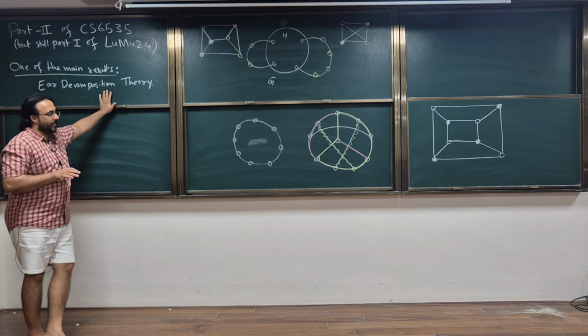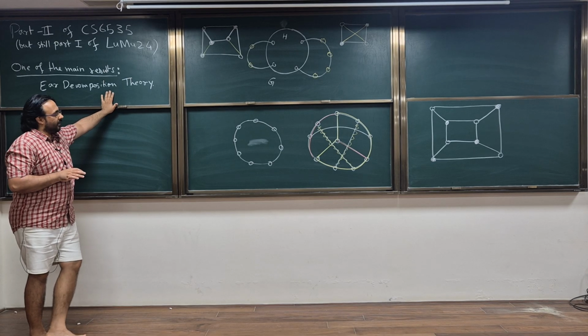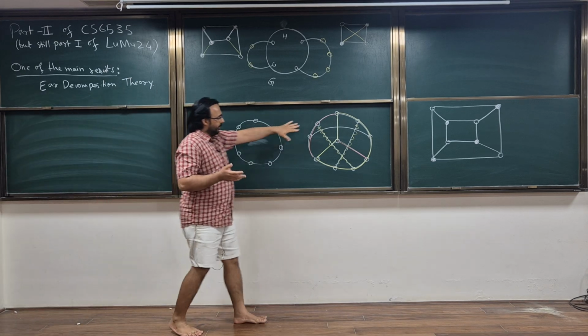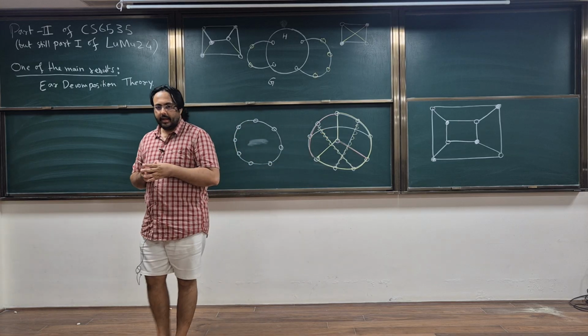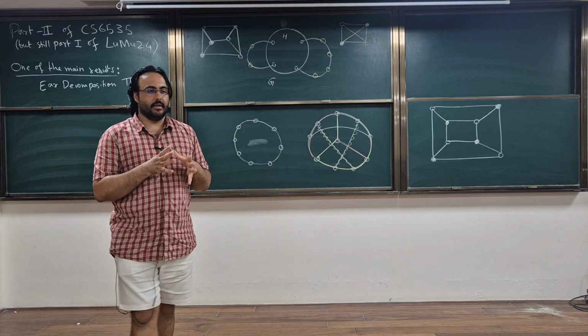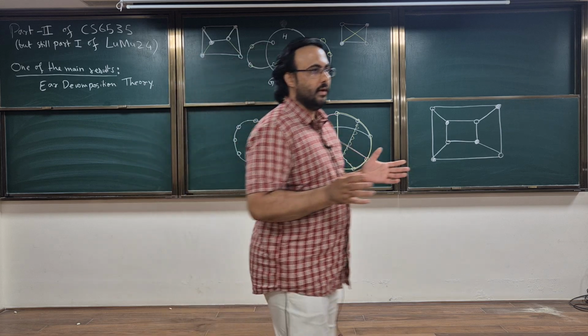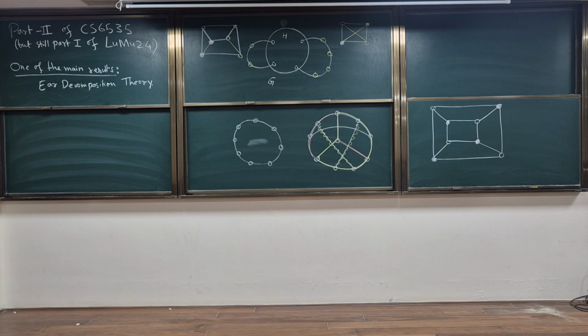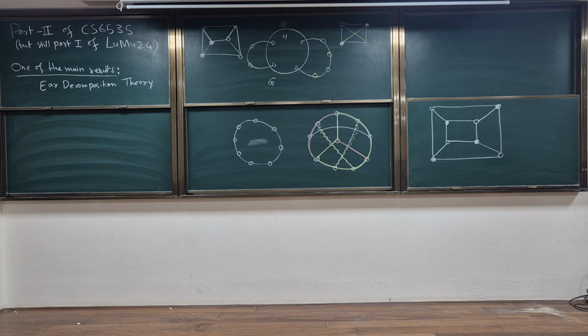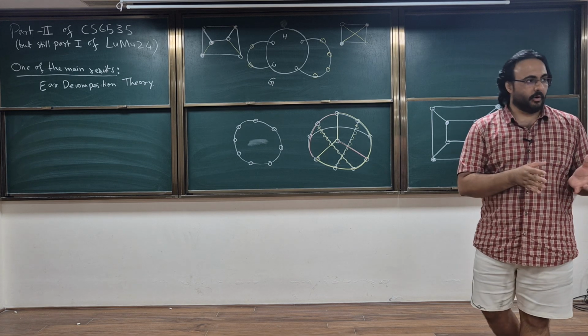So this is one of the main results we will get to. The original proof of this theorem, I think it is the one in Lovász and Plummer, directly deals with ears. What Carvalho, Lucchesi and Murty have done over the years is they have found other ways of proving these results, and in fact in the process they have proved way stronger results for many of the results that were already known.